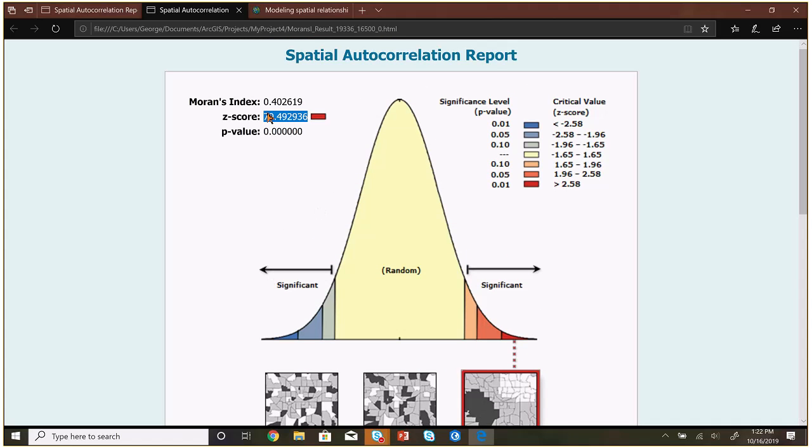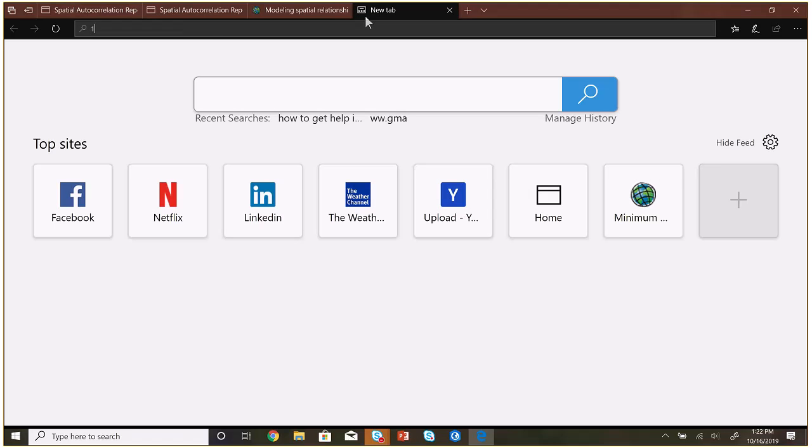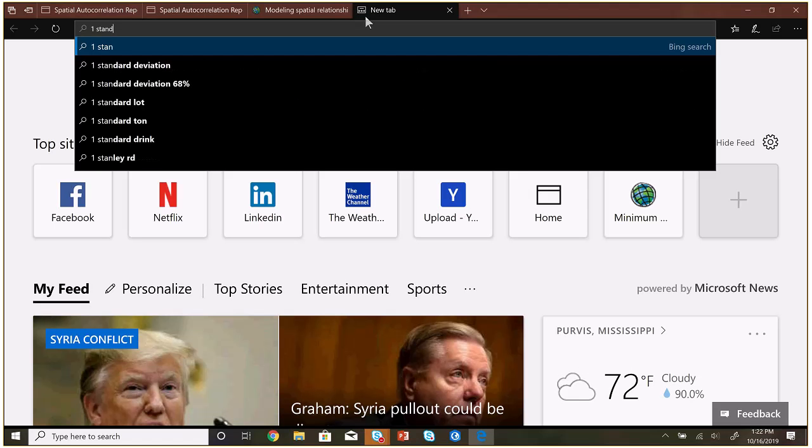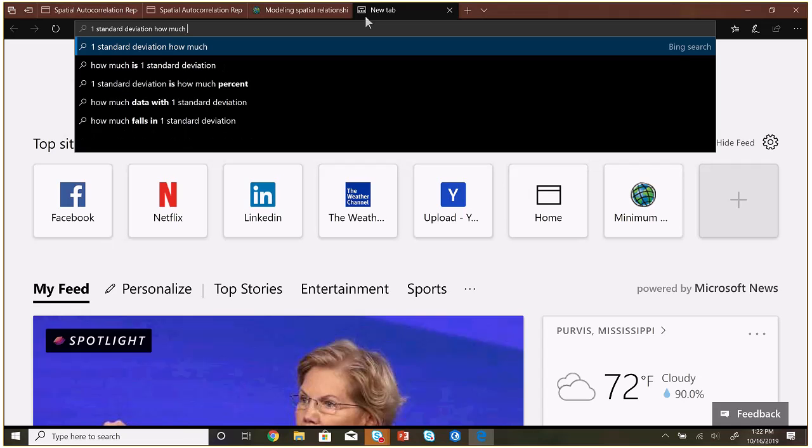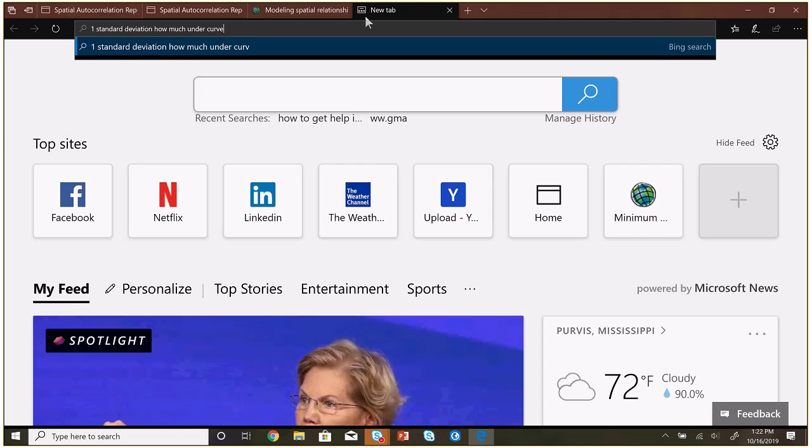Now, if it was like 1, it would be on the dispersed side, but 1 means that there's one standard deviation. How much under the curve?